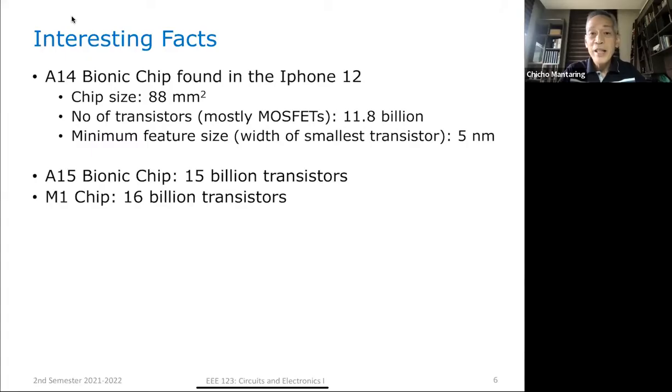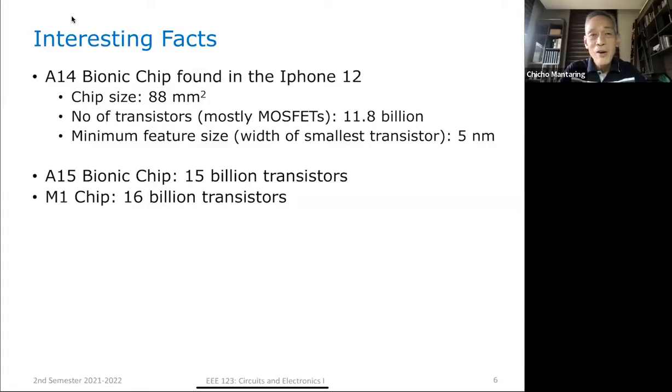There are 11.8 billion transistors in that chip. And most of these are MOSFETs. The minimum feature size, or the width of the smallest transistor in the A14 Bionic chip, is 5 nanometers. That is 5 times 10 to the minus 9 meters.